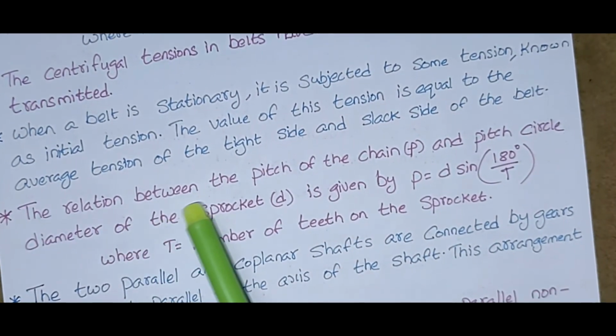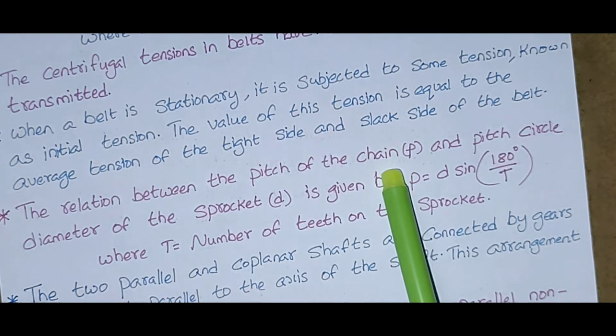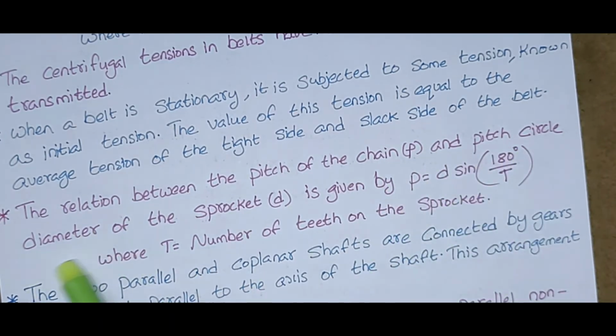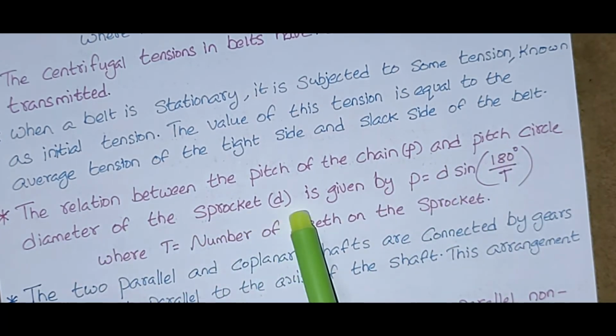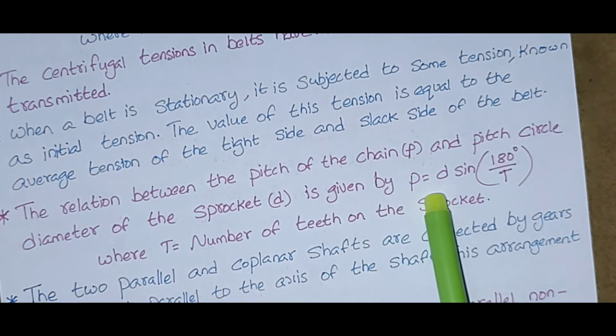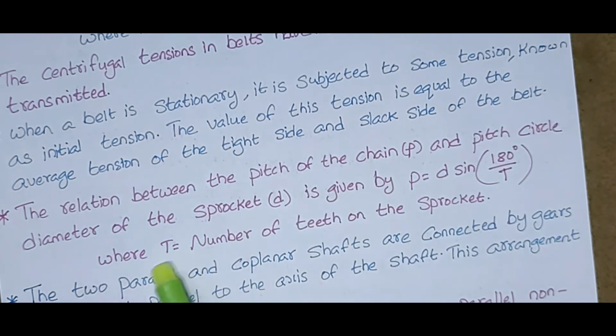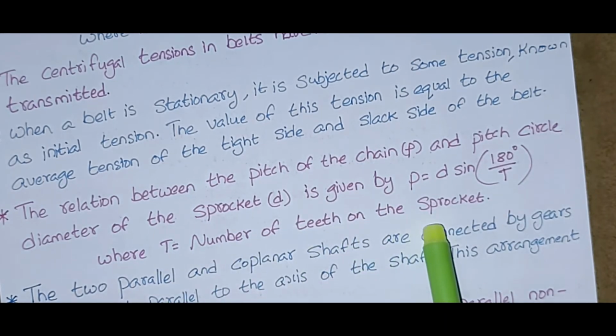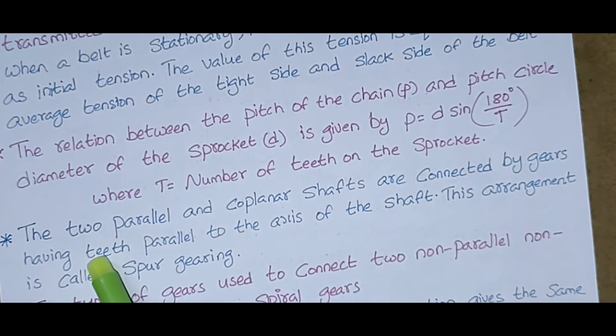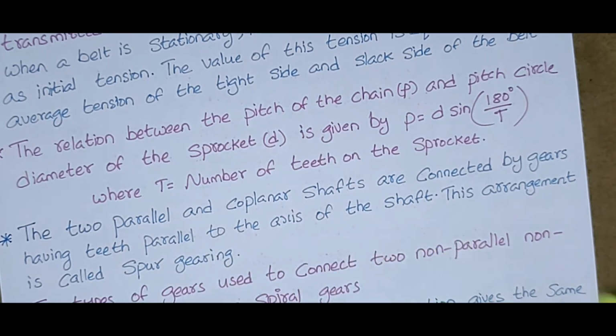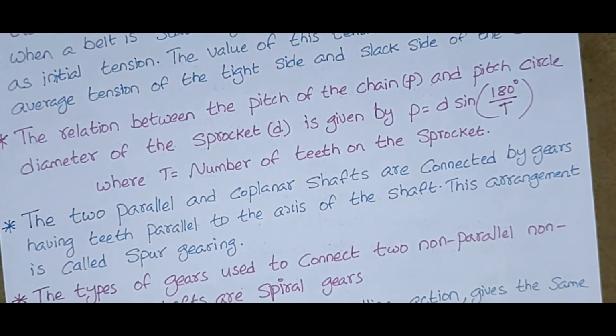The relation between the pitch of the chain P and pitch circle diameter of the sprocket D is given by P equal to D sine(180 degrees by T), where T is number of teeth on the sprocket. The two parallel and coplanar shafts connected by gears having teeth parallel to the axis of the shaft is called spur gearing.